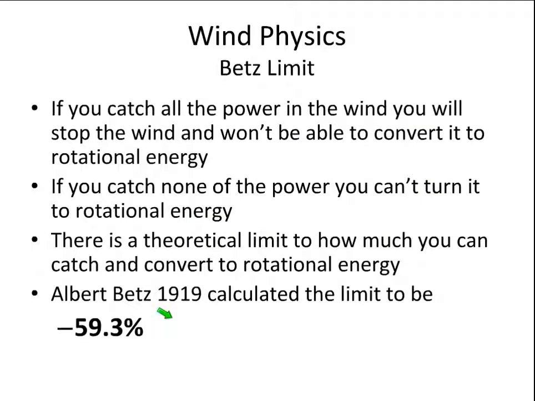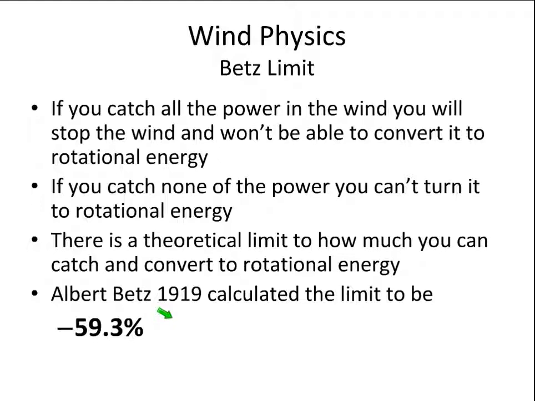We know how much power is in the wind by the wind speed, but at the same time, the second law of thermodynamics tells us that there is no way that we can catch 100% of that. When you convert energy or power from one form to another, there is no way for that to be 100% efficient.